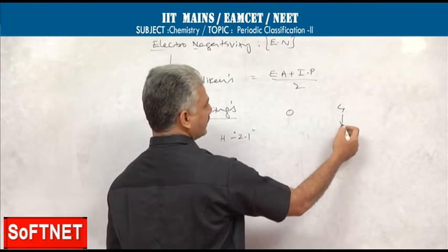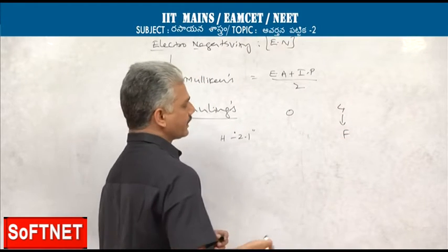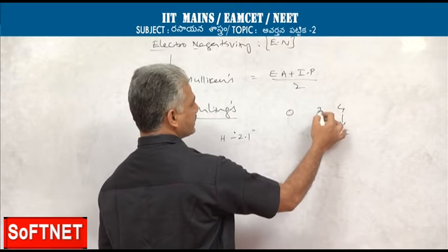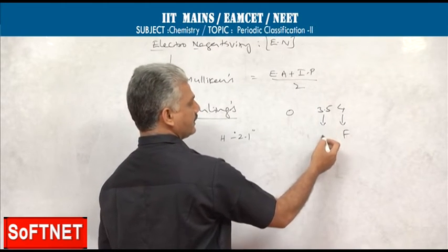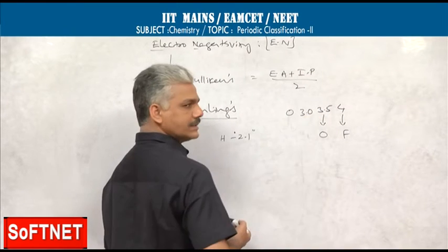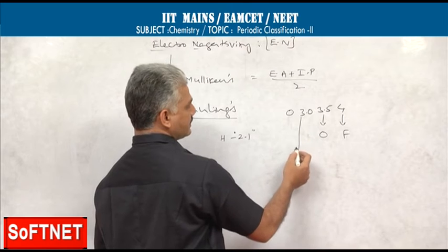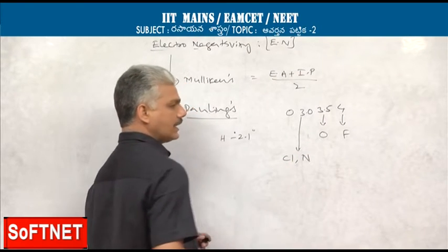The highest value of 4 is with fluorine. The next highest element has an electronegativity value of 3.5, that is oxygen. The next highest electronegativity value is 3.0. It is associated with two elements, chlorine and nitrogen.